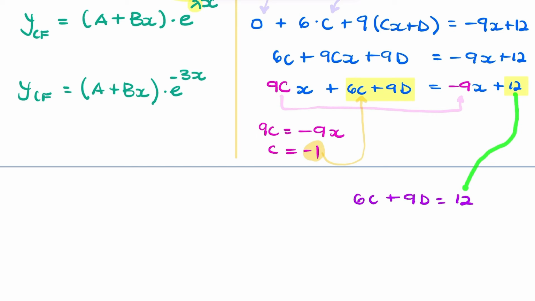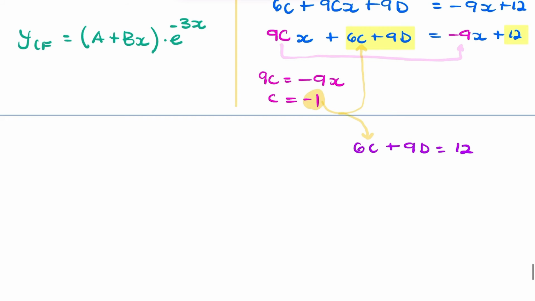And because I already know that c is negative 1, I can substitute that in there and solve for d. So I have 6 times negative 1 plus 9d equals 12.